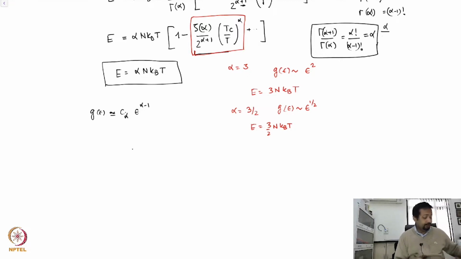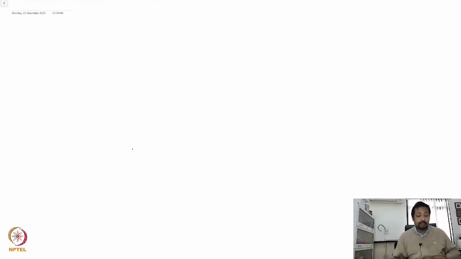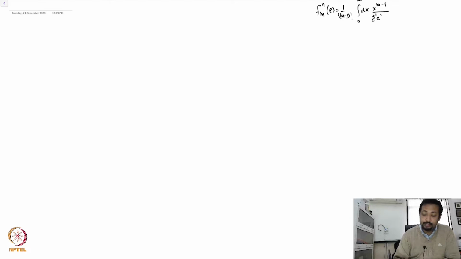The idea is that if you have forgotten, you can express it in terms of the functions f_m(z), which was 1 by (m minus 1) factorial, integral from 0 to infinity dx x to the power m minus 1 over z inverse e to the power x minus 1. We had expressed our particle number as well as the energy of the system in terms of these integrals, and we got the result in the previous lecture.